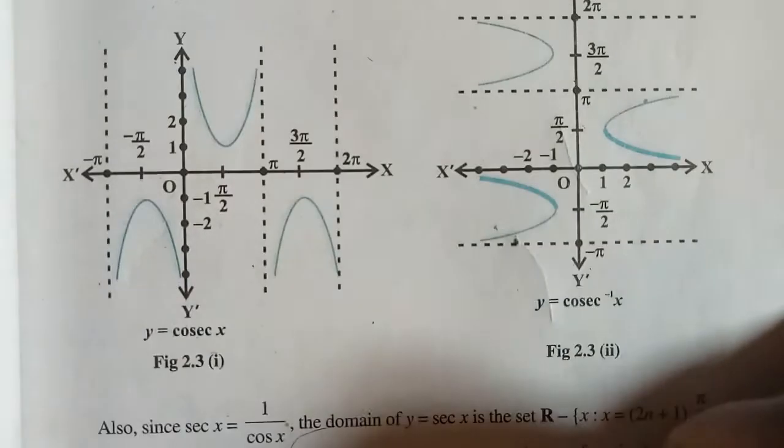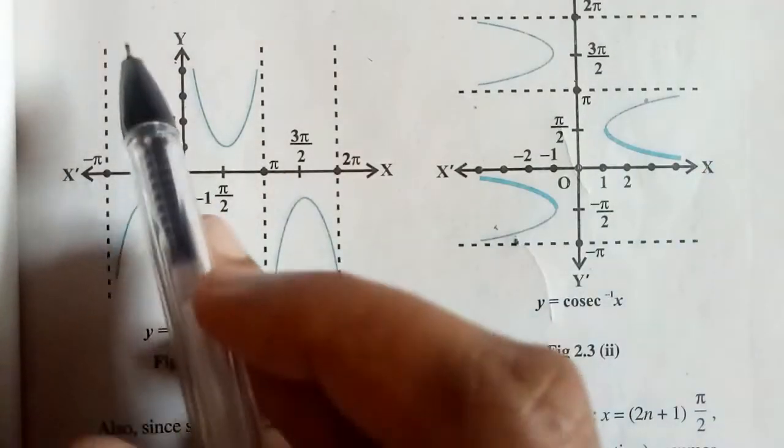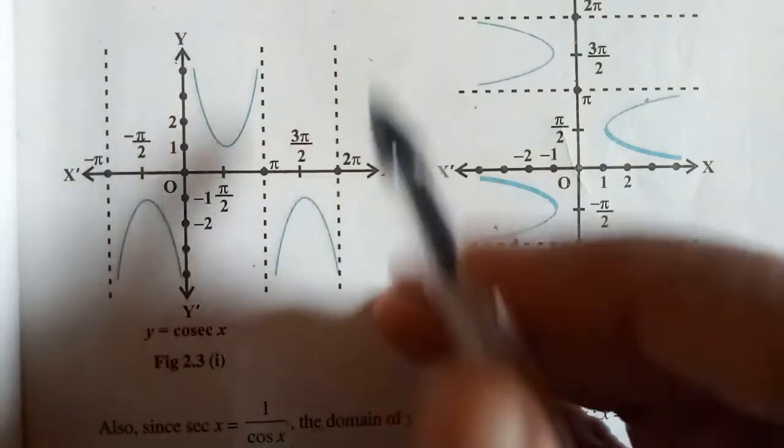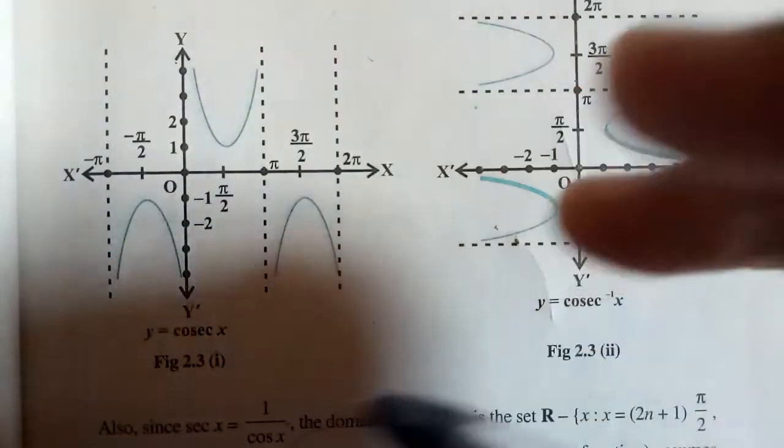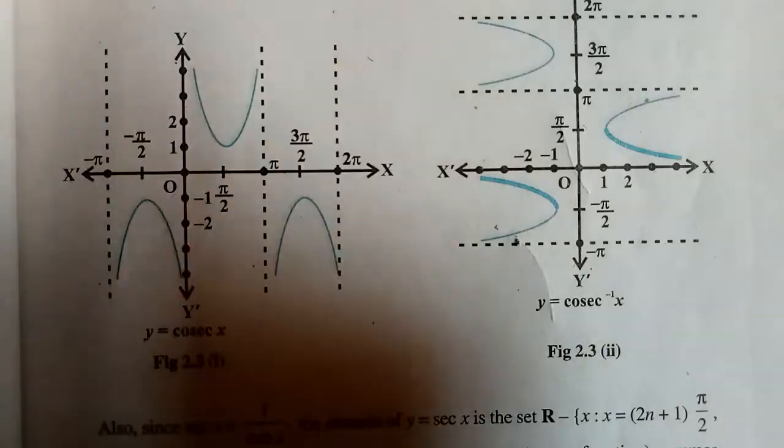Now this is the graph of your cosec. You can see that all the multiples of pi are deleted from the graph, which means there is a break put here. Is that clear?